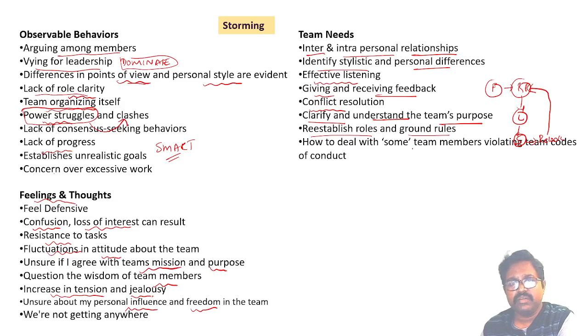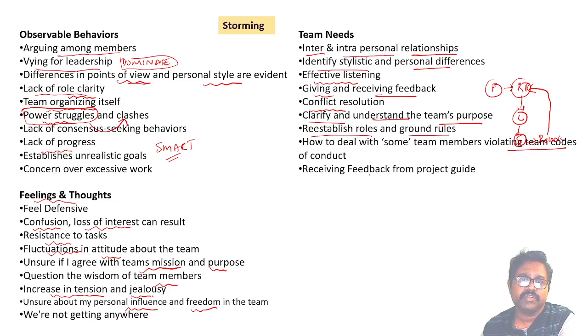And also you need to discuss among the team members how to deal with the members who are violating the team code of conduct, and what the subsequent consequences will be.